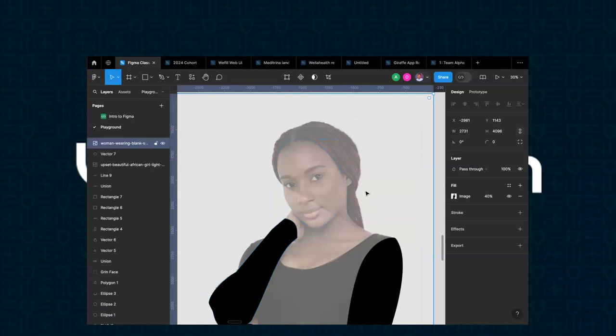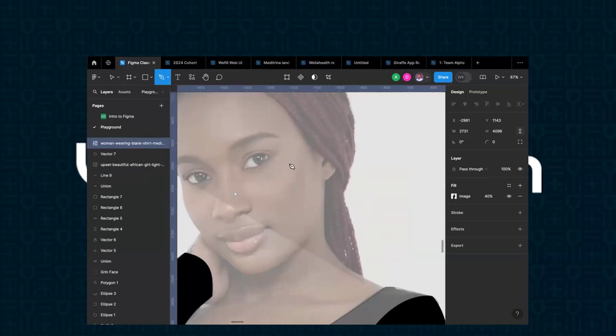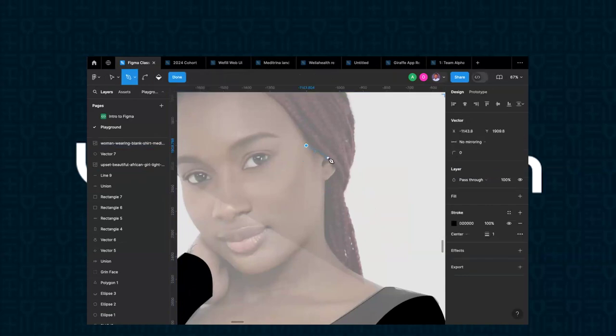So I'm going to my pencil again, P, and then I'm going to start from here. Eventually, again, it will all come together. So I'm just going to roughly do this like this. Okay, I think this makes sense. It's like this, and then this one is going to be a little curve. Okay, and then this one will be straight, and then this one will be a little curve.